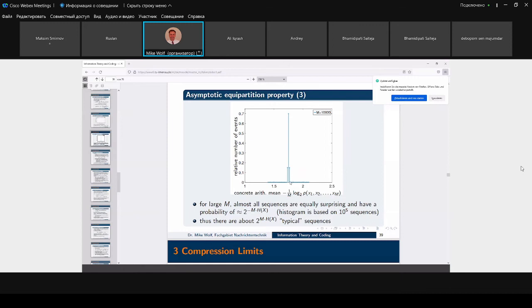And then I ask, what is this arithmetic mean? And you see, in most cases, it's more or less exactly this 1.75. And in almost no cases is it larger than, let's say, 1.77. So there are no cases where this arithmetic mean is quite different from the entropy of our random variable.